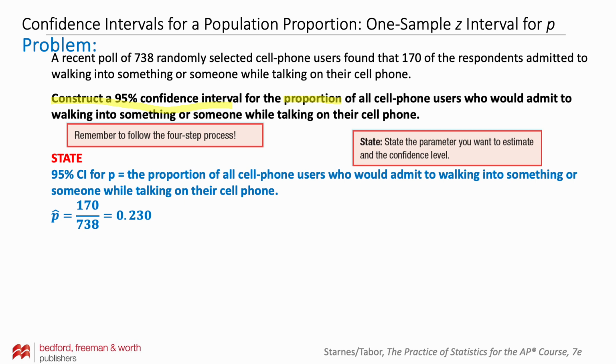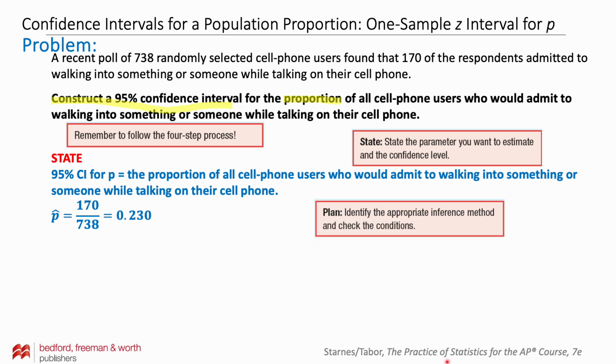So notice our confidence level here is 95%, and our proportion here is p, which is equal to the proportion of all cell phone users who would admit to walking into something or someone while talking on their cell phone. This is the population proportion. And our p hat, which is our statistic, is 170 of the respondents out of 738 admitted to walking into something or someone while talking on their cell phone, which is 0.230.